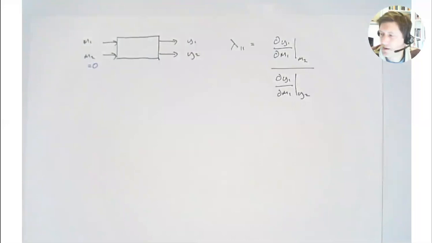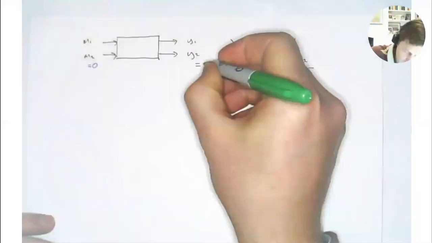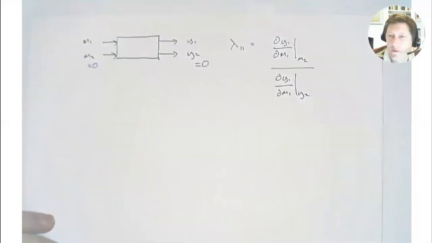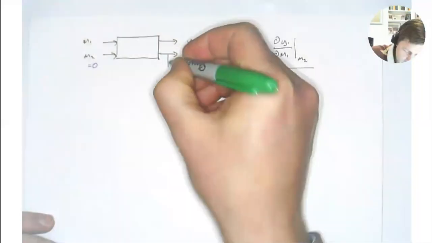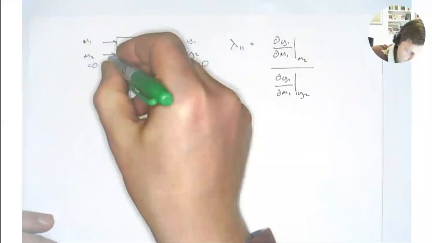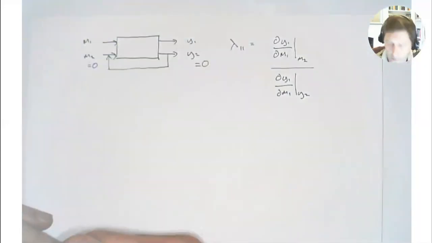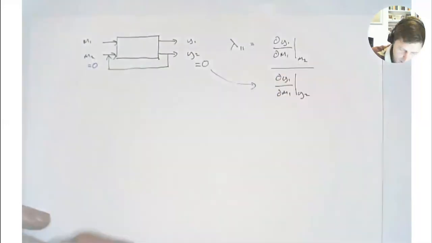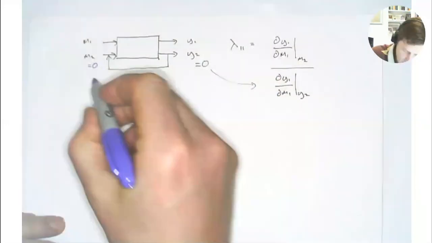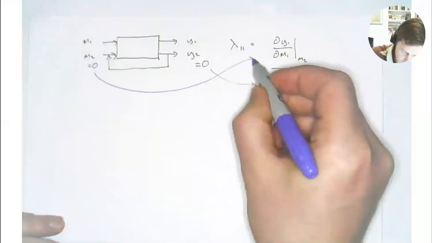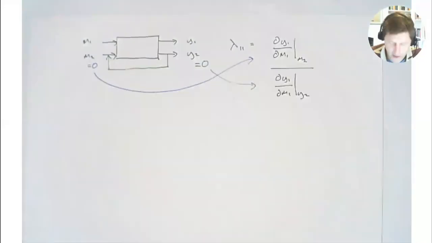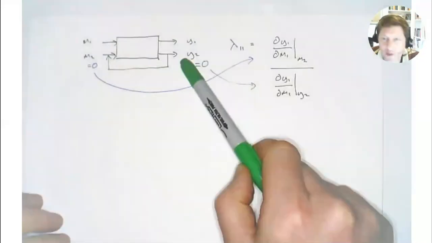To fix Y2 to 0, then obviously we need some control to adjust M2 appropriately. So that's that case, and that's that case. But if we have that appropriate control, then Y2 can be fixed to 0.